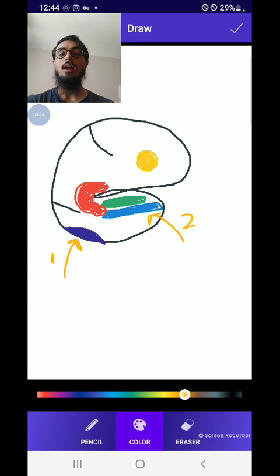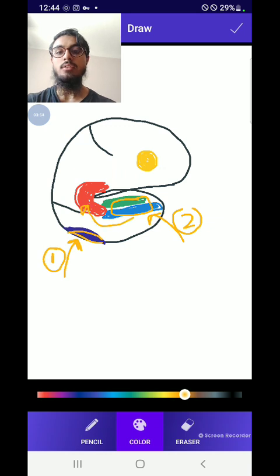All the information from the visual stimulus and all the information from the auditory stimulus is processed in their respective areas, and after the processing, the information goes towards Wernicke's area, from the auditory and also from the visual.